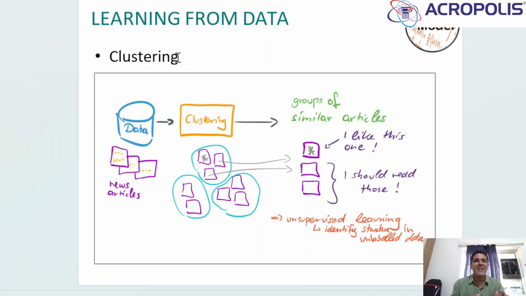We are going to create the clusters based on the properties, so this new article is going to fall in which cluster: cluster 1, cluster 2, or cluster 3, right? So we are going to group similar articles in one cluster and other kinds of articles in different clusters, right? So this is a rough introduction.